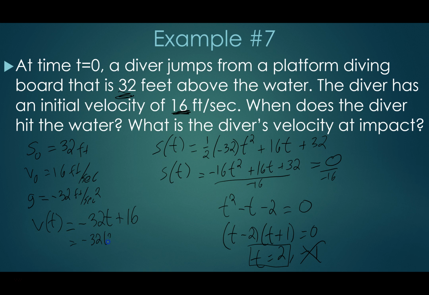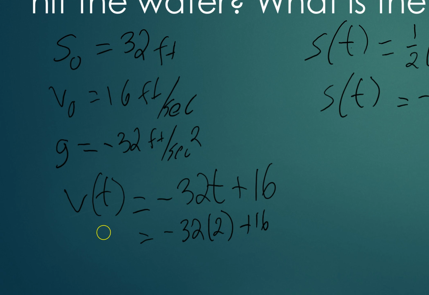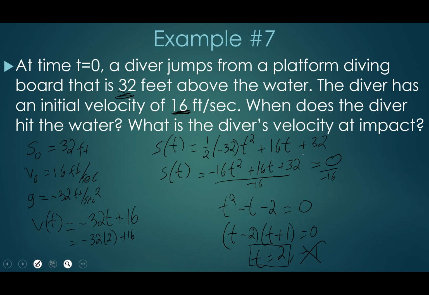Negative 32 times 2 plus 16. We get negative... Whoa, that wasn't supposed to happen. Okay, sorry about that. We get negative 64 plus 16, which is negative 48. So our velocity, and I'll write it over here because I need a little more room, our velocity at 2 is negative 48 feet per second.